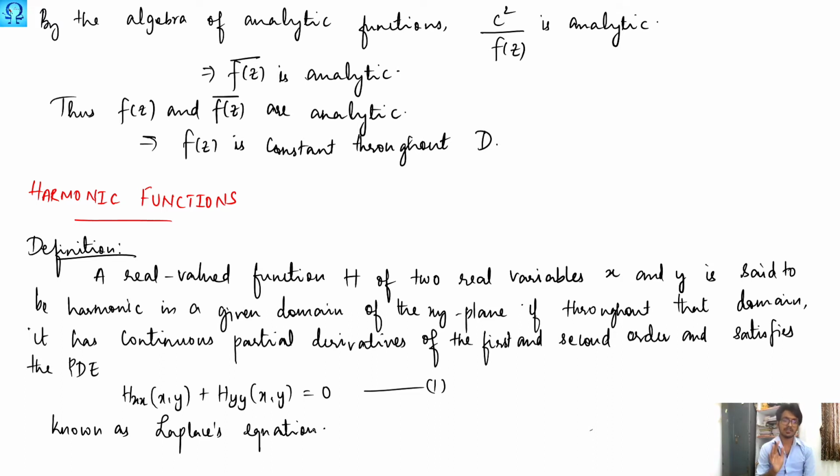Any function which satisfies the Laplace equation is known as a harmonic function.